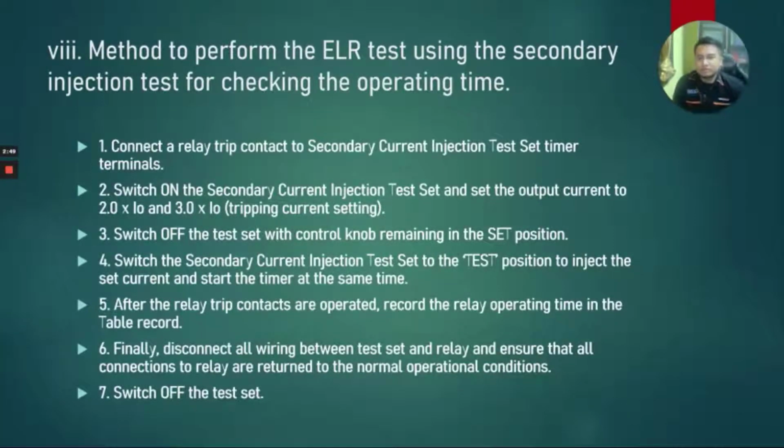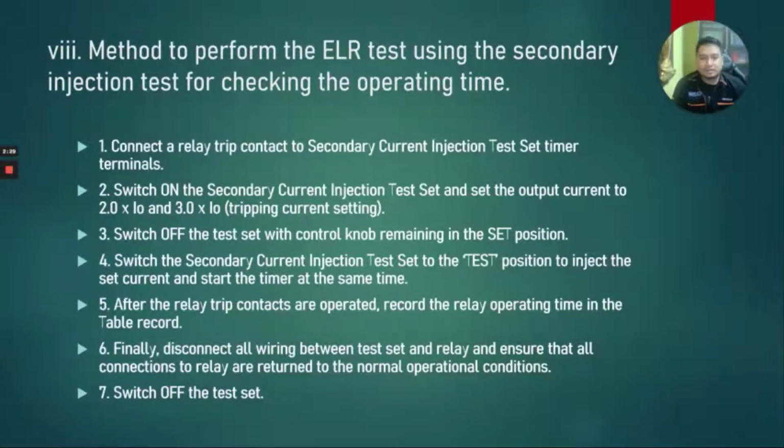Next, the method to perform the ELR test using the secondary injection test for checking the operating time. Okay, first connect a relay trip contact to the secondary current injection test set timer terminals.